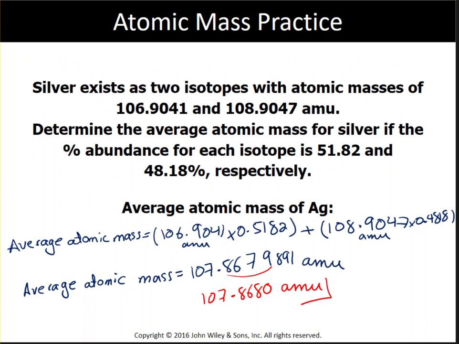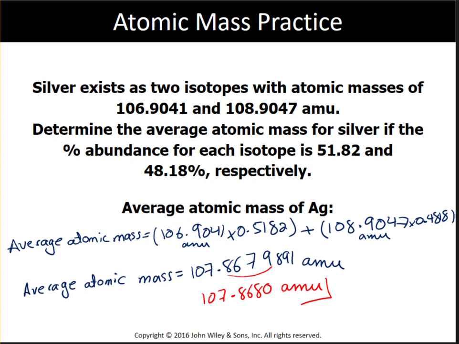Now look at the periodic table. Let's find silver in the periodic table. Silver is element 47. Let's look at the atomic mass that's given for silver, the number on the bottom of each box.